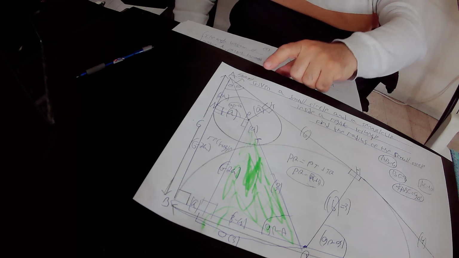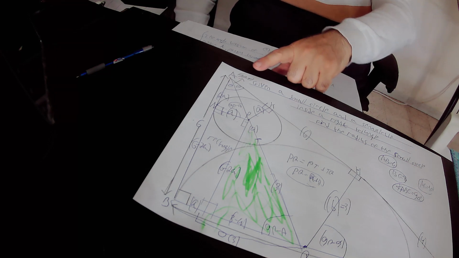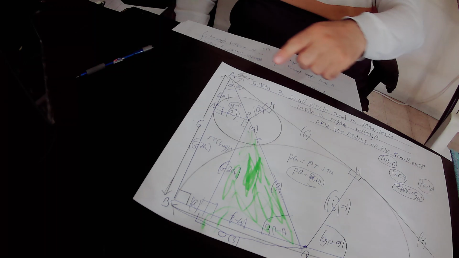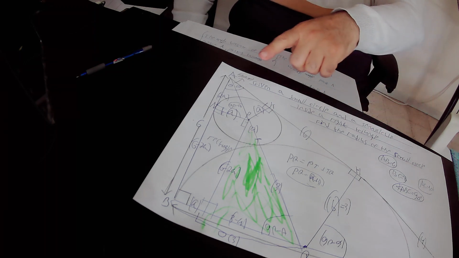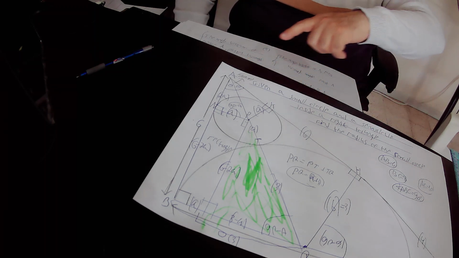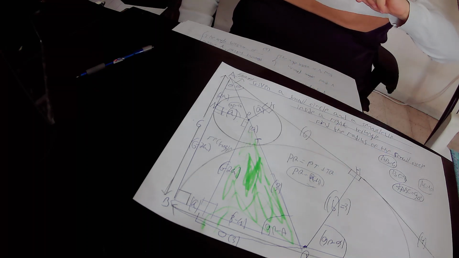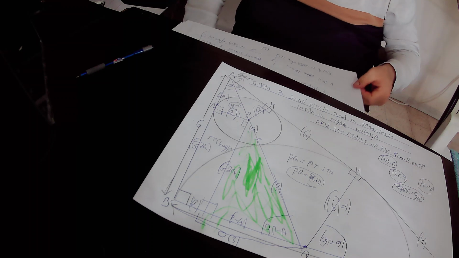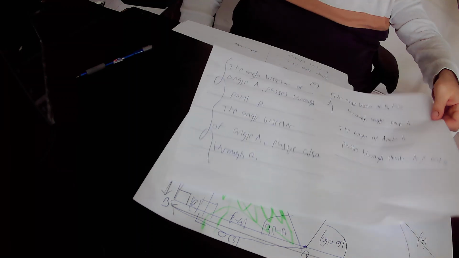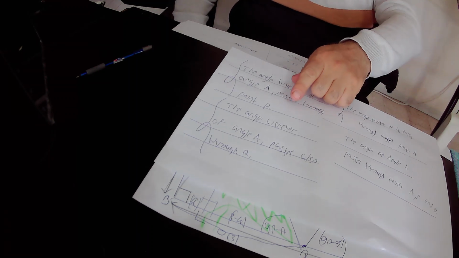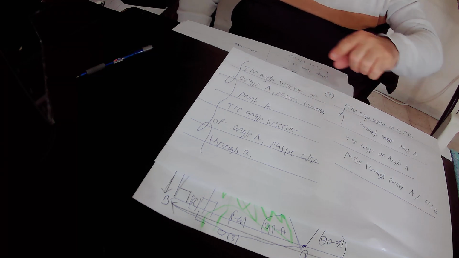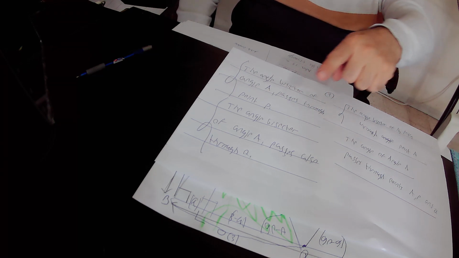So we find out that the angle bisector of angle A also passes through point Q.